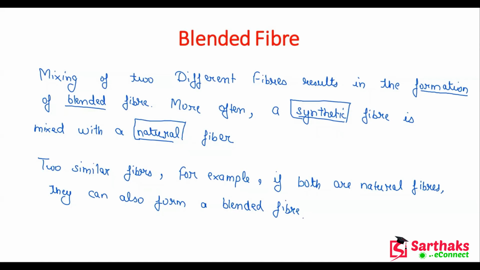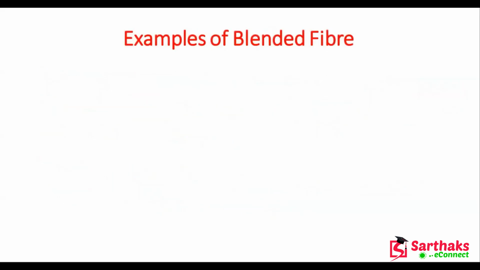Now we are going to look at the next topic, that is examples of blended fiber. On one side we are writing the fibers that are generally mixed, and on the other side the blended fiber that results.